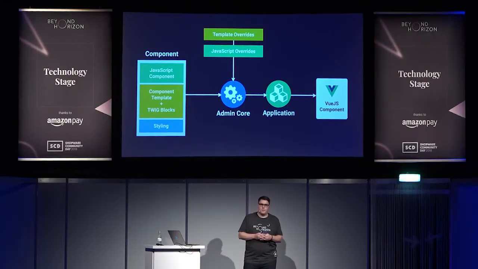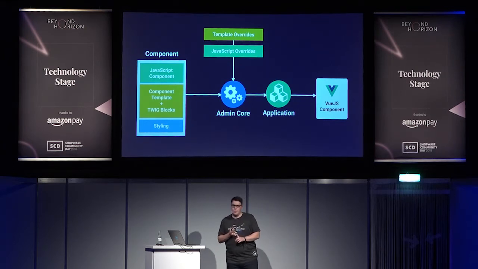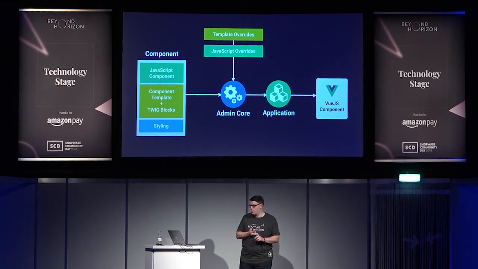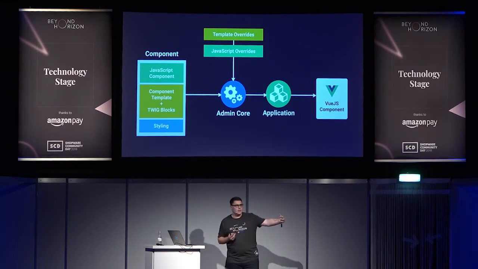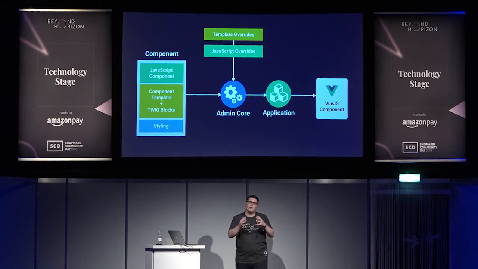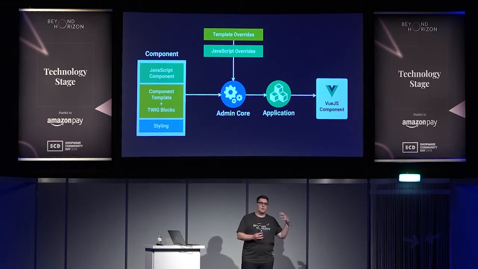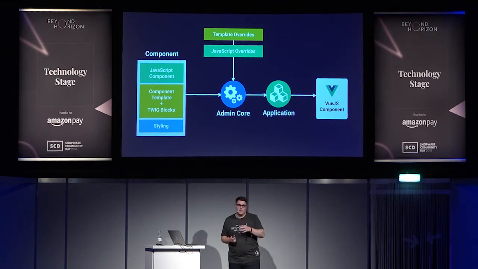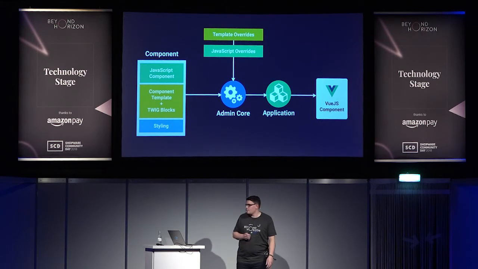Then you, as a developer, also have the possibility to extend and override these components, either the template or the business logic of the JavaScript component. After that, it gets passed to the application, and the application will build a complete functional Vue.js component from it. At the end, it's just a normal Vue.js component, and you won't notice any change.